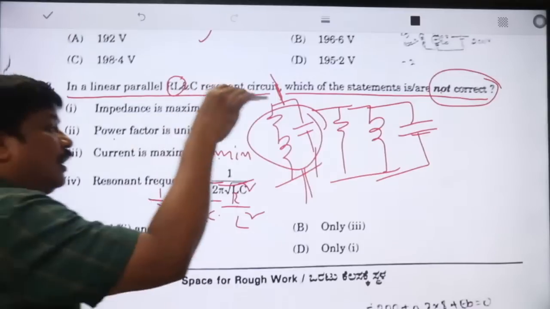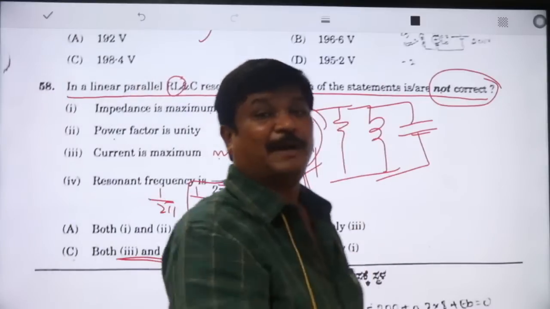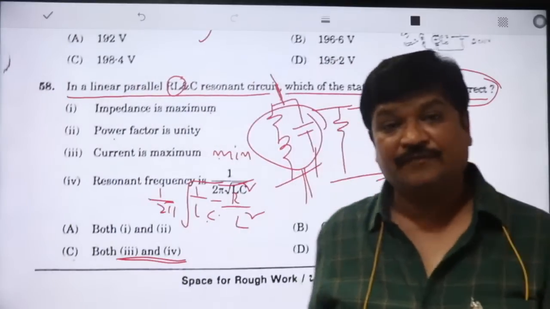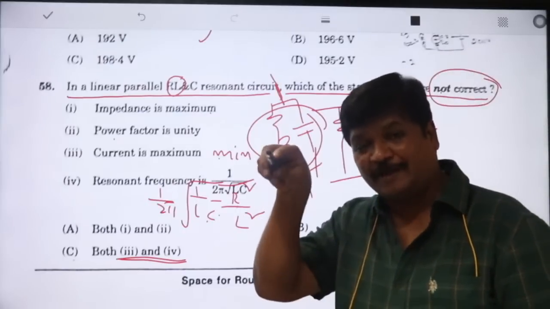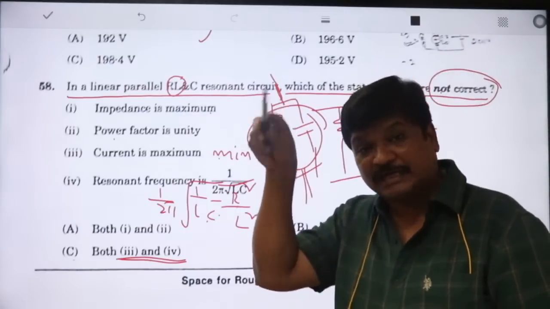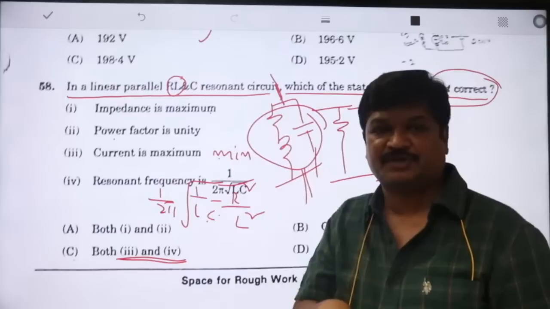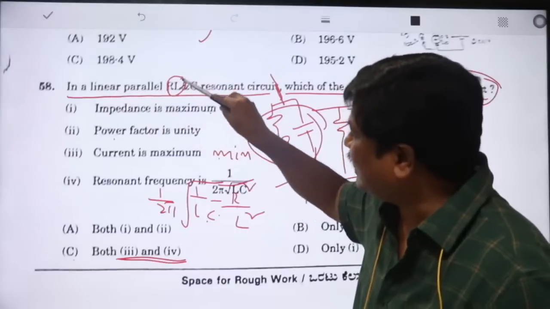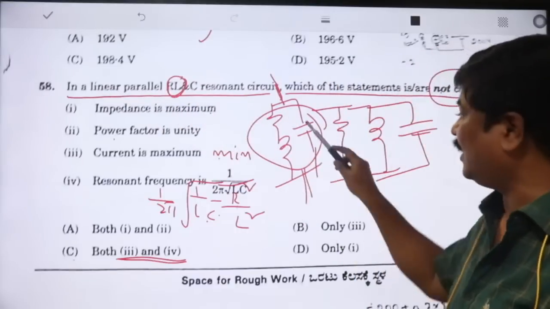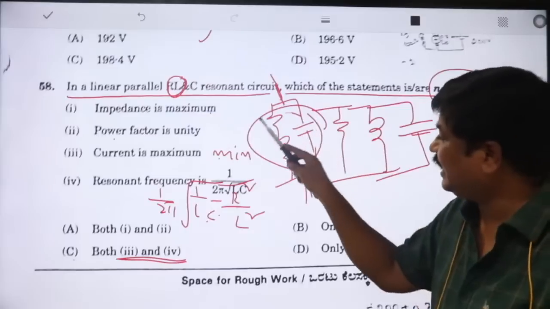Suppose R, L and C are in parallel, then 1 by 2 pi root LC is also a correct option. But here they have given a linear RL and C resonant circuit. This is a tank circuit.